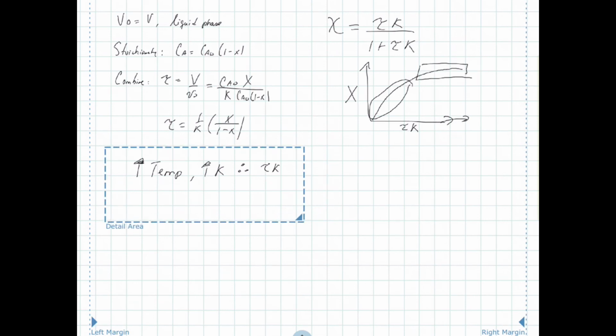In the other case, where we increase the volume of the reactor, or decrease the volumetric flow rate, we notice, because of the definition of tau, that tau will be increasing. Therefore, this also makes the term tau k increase.